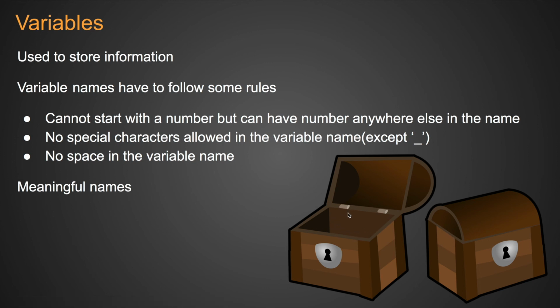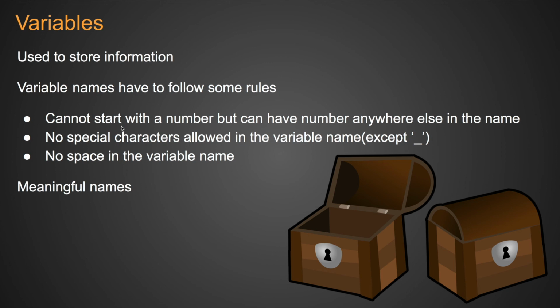So you will need to give it a specific name so that you will be able to identify this specific box, and then you will want to know what is the content inside the box. Similarly, in coding, variables store values, and then depending on what value the variables are storing, each variable will have its own data type, like the 4 types that we saw earlier, or other data types.